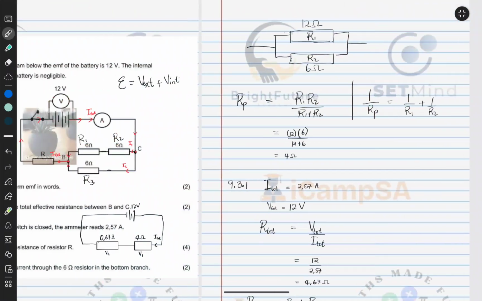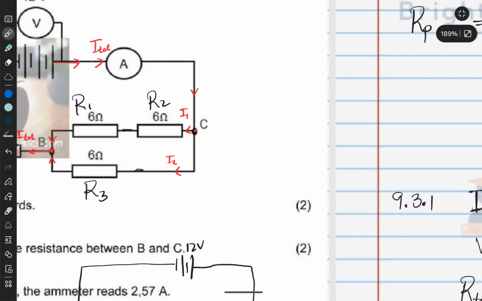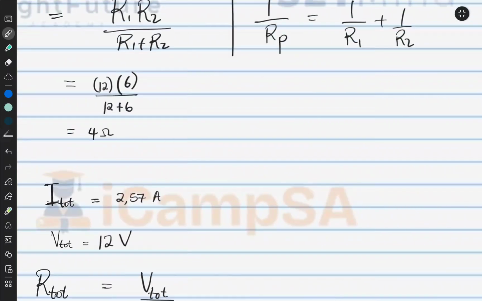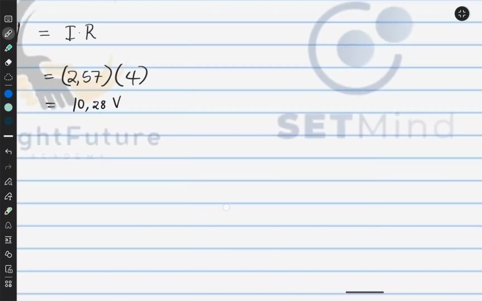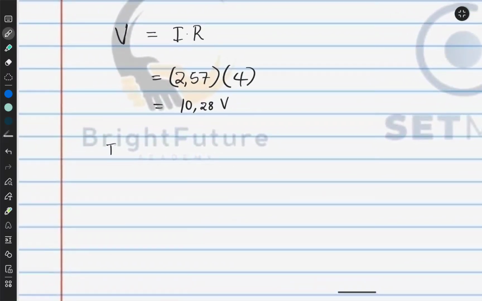All right, so now from here we can find what current passes through the bottom resistor, which is 6 ohms. If the voltage across the parallel combination is 10.28, we know it will be the same for both branches. So here we will get 10.28 volts, and at the top, these two resistors will get 10.28 volts as well. We are only concerned with the 6 ohm resistor for now. So we can say the current at the 6 ohm resistor.